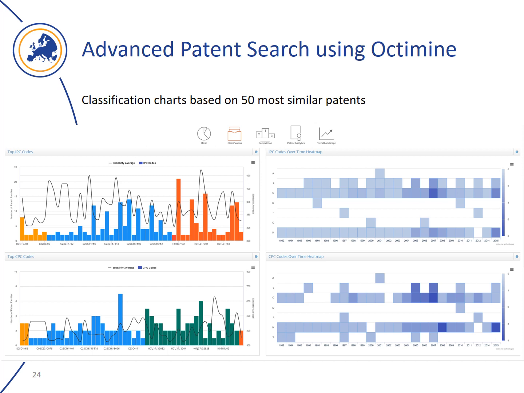And you see again here, you have these top IPC codes, you have a similarity average, and you have, for instance, here a class which is significantly more important than in the similarity average. Or also here in the CPC codes, you have this one code which is very prominent here, something like C22, or was it C23, C16. Here you have this one, for instance.